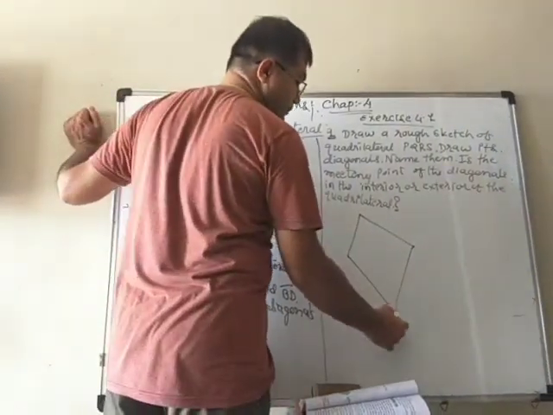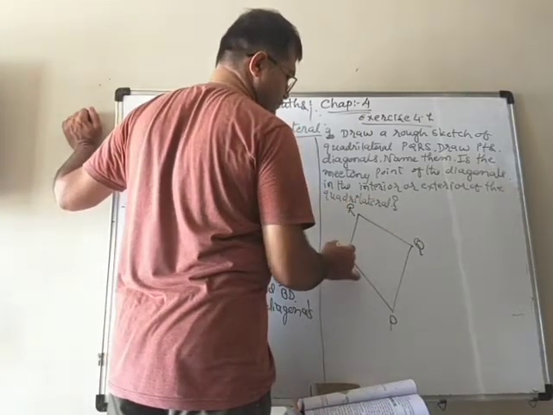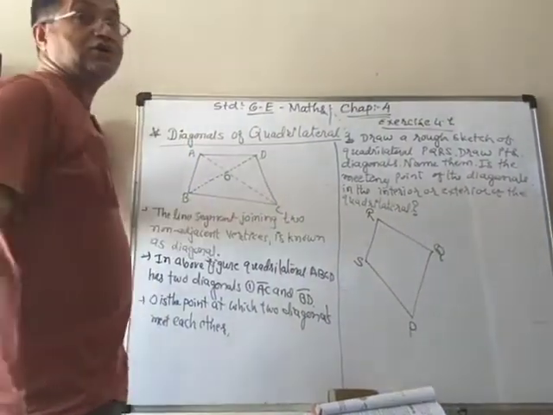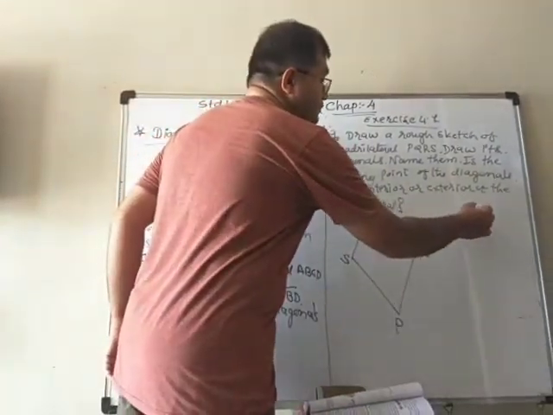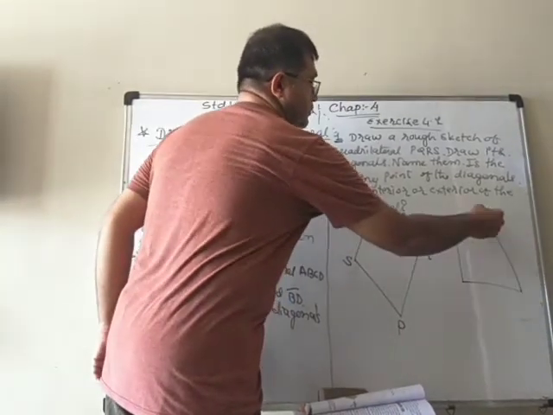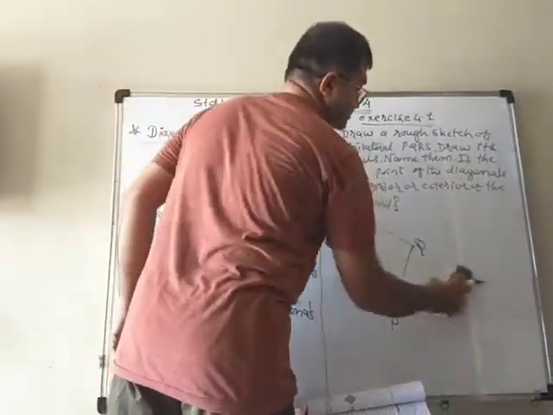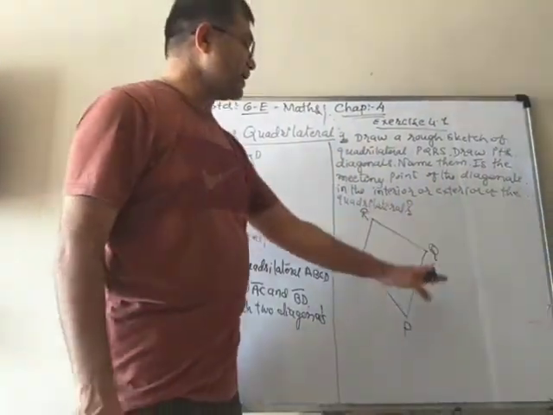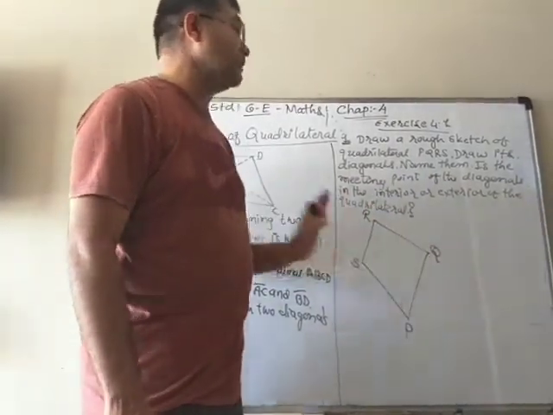So I can start P from here also, then Q, R, S. You can draw your own way. It's not that I draw this way, so you also copy the same. It doesn't matter. It should just have four sides and be named properly, in cyclic manner.